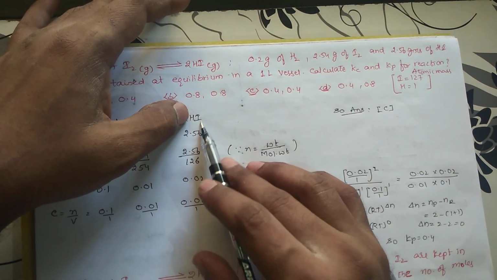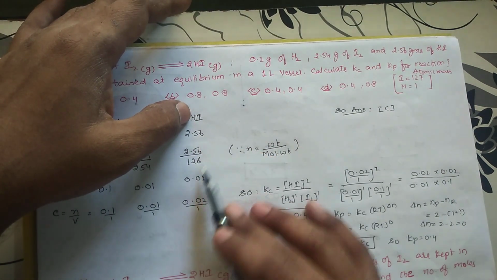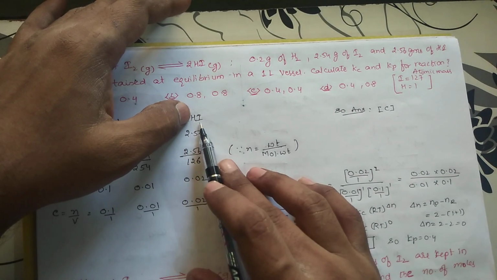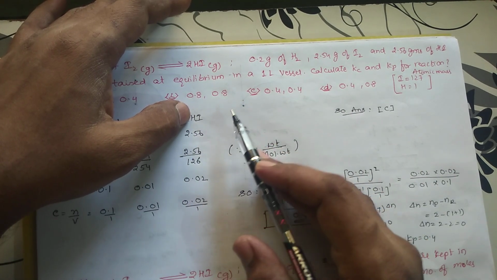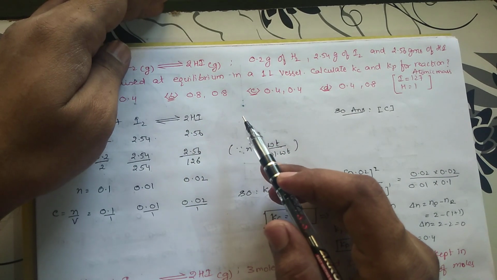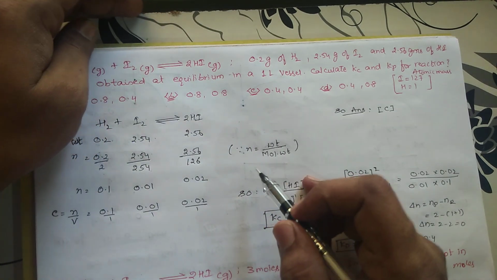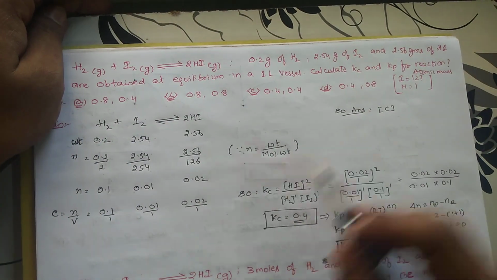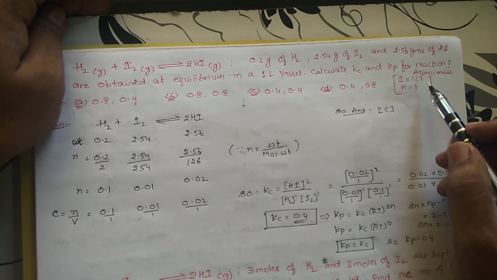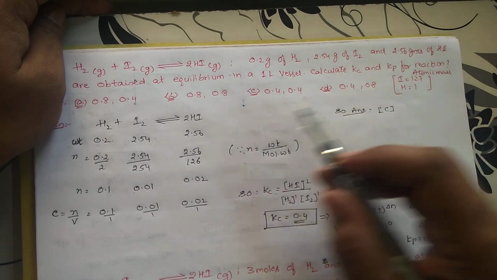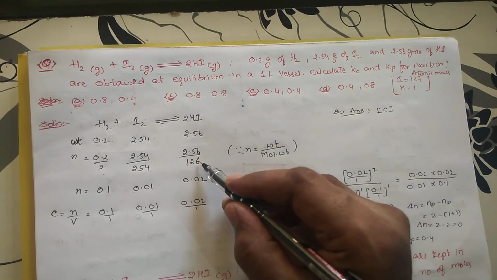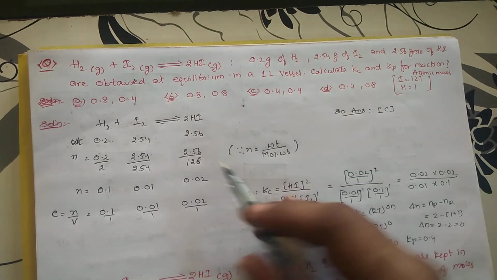This is only HI, right? HI is 128: hydrogen is 1, iodine is 127. For simple calculation I have taken it this way.